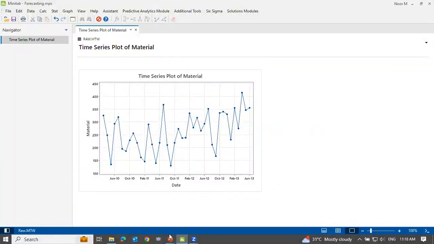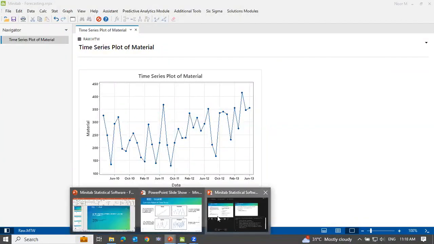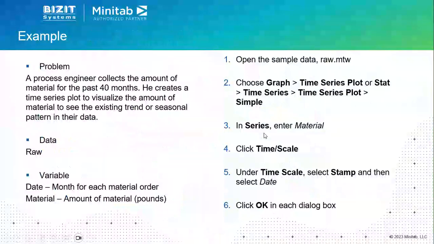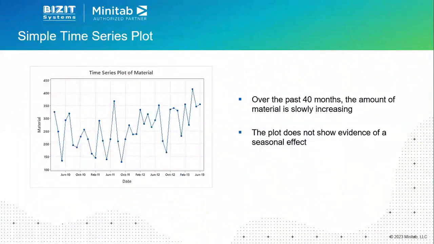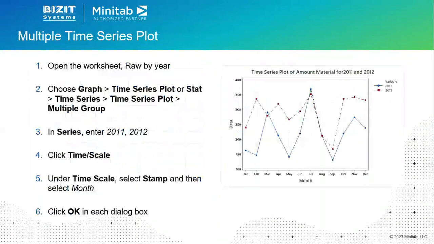Okay, so I proceed with the next one. After you see this one, maybe there's no evidence of a seasonal effect, so in this case we can just proceed with the trend. And then here, maybe you have multiple series in the plot, so you will use Multiple or With Groups for a grouped data set.